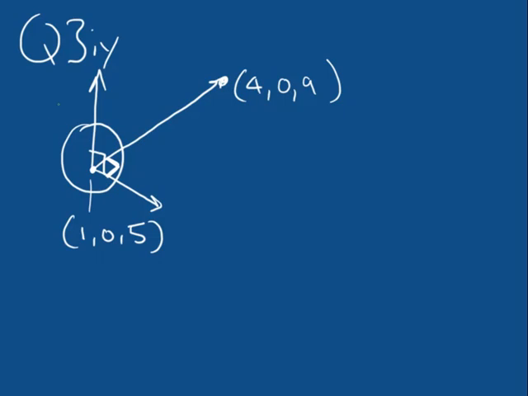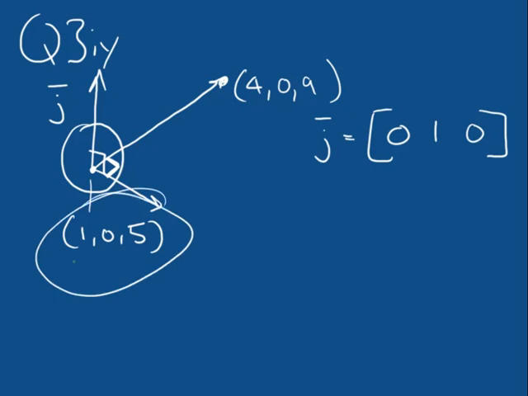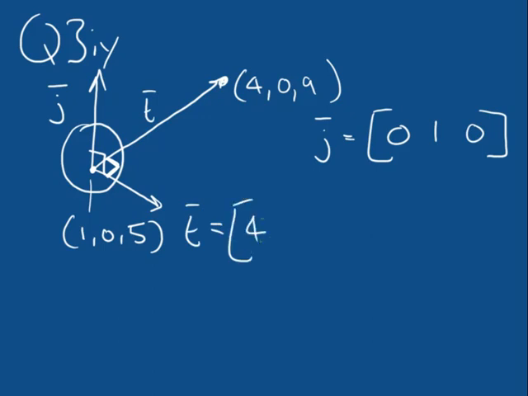So we have a vector that represents our y-axis. If we remember, our Cartesian vector j represents our y-axis, and it has the components 0 in x, 1 in y, and 0 in z. And we can create a vector that represents our direction of travel by taking the endpoint (4, 0, 9) and subtracting from it the start point (1, 0, 5). So a vector t that represents our direction of travel is equal to the endpoint (4, 0, 9).